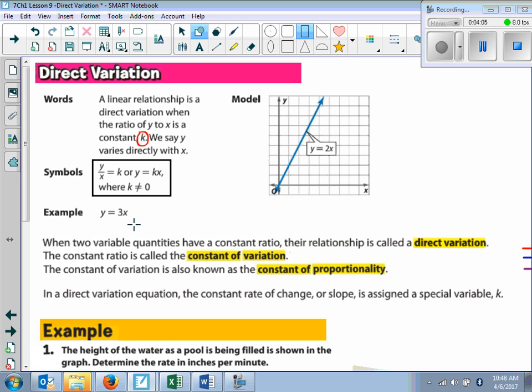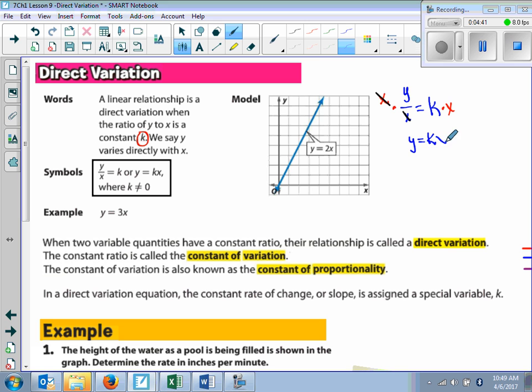Now, if I wanted to write that as an equation, if we had y over x is equal to k, and I wanted to write that as an equation of y equals, then I would just use my inverse operations to move that x to the other side, right? I would just multiply times x there and multiply times x there. So here, those x's will cancel, and then y is equal to kx. And that's how we get this equation right there.